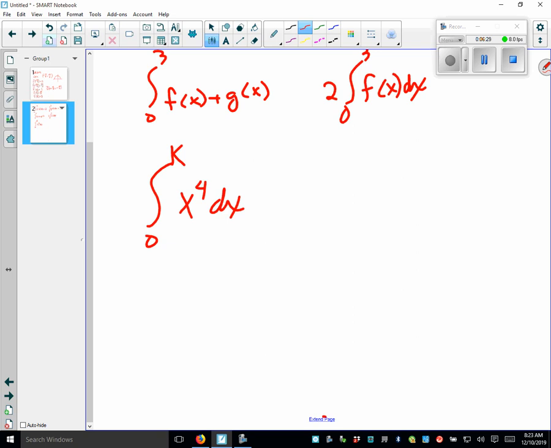If I want the integral to be 0, the bottom number and the top number have to be the same, because that means I don't move. It might be 0 somewhere else, but it's always 0 there.